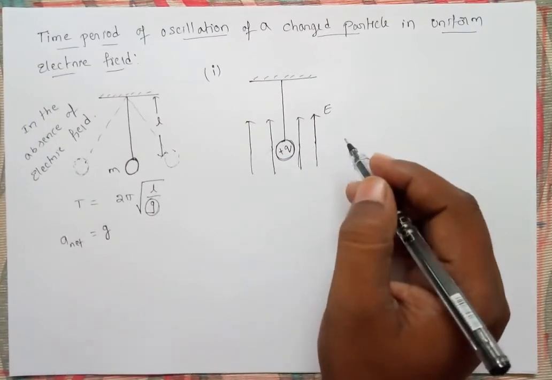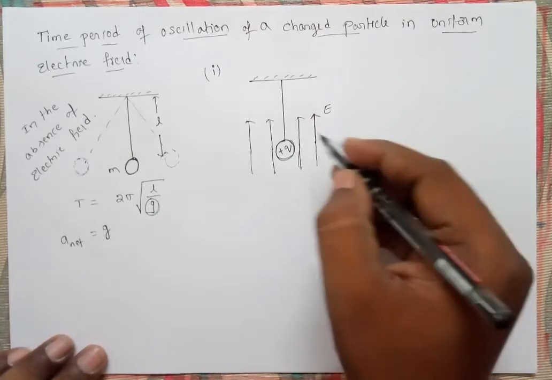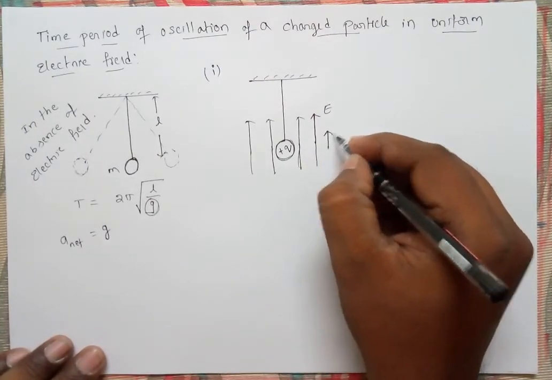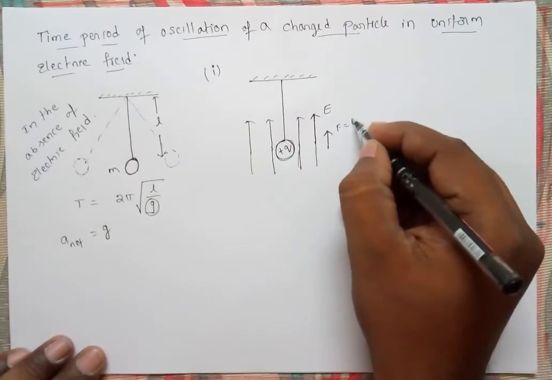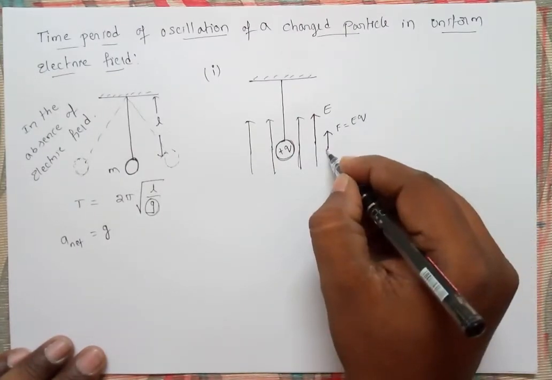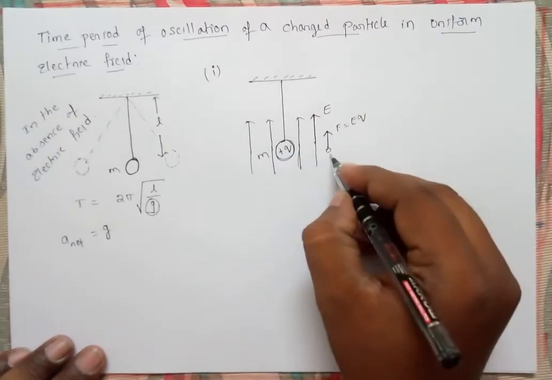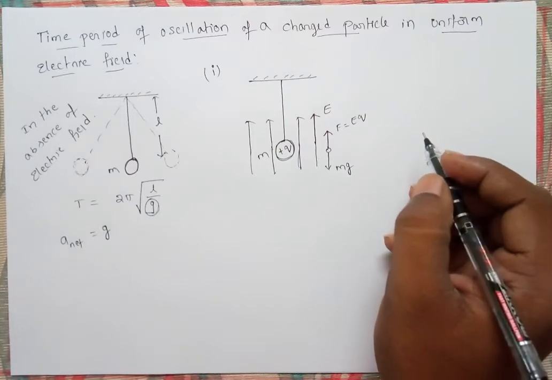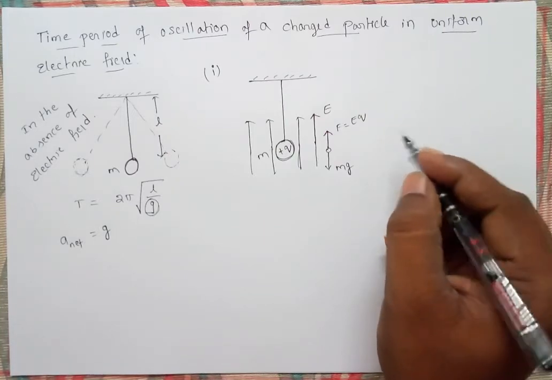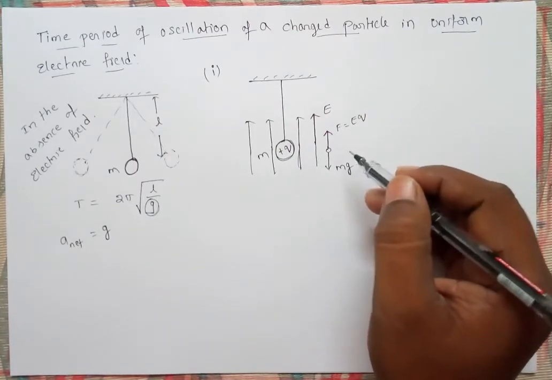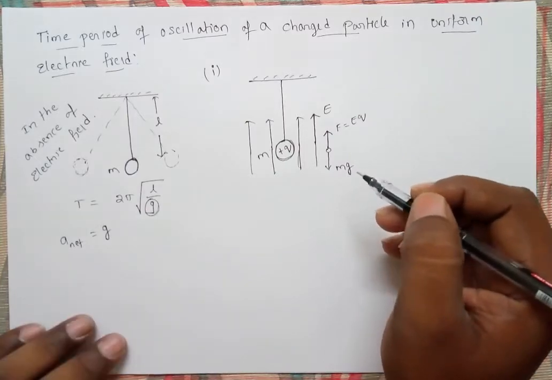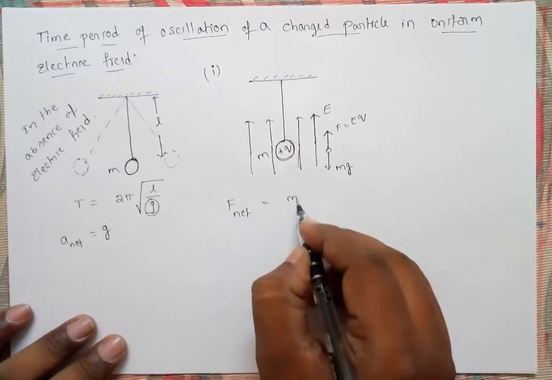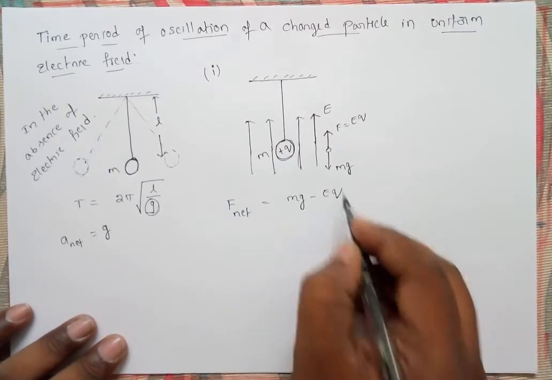Then you may observe that because of this electric field it will experience a force F equal to EQ in the upward direction, and because of mass it experiences weight mg in the downward direction. Then the net force in the downward direction is F net equal to mg minus EQ.